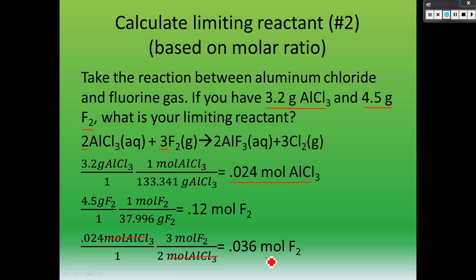I'm left with moles of fluorine gas, and I end up with 0.036 moles of fluorine gas. That means in order to completely react 0.024 moles of aluminum chloride, I would need 0.036 moles of fluorine gas. I have 0.12 moles, way more than I need. Again, showing me that aluminum chloride is my limiting reactant.